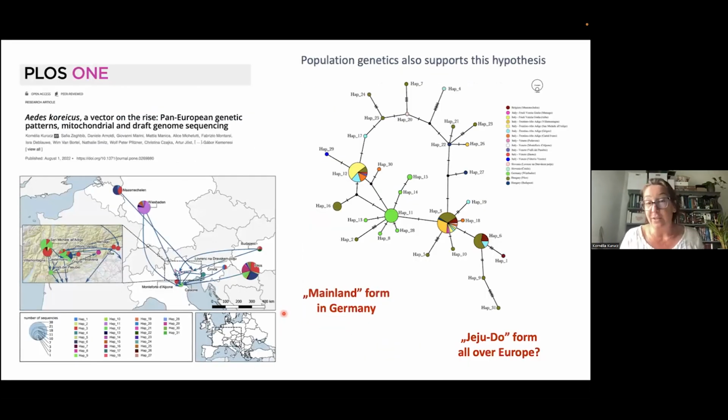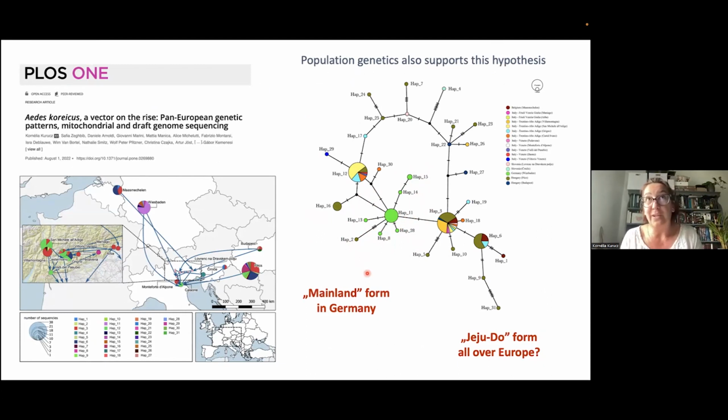Okay, and it's off topic, but I thought it's interesting to show that we made a pan-European population genetic study on Kornélia, where we asked for specimens from all the countries where we know that Kornélia is present. Based on a haplotype analysis, a very simple analysis, we found that the German population separated a little bit from the other populations.